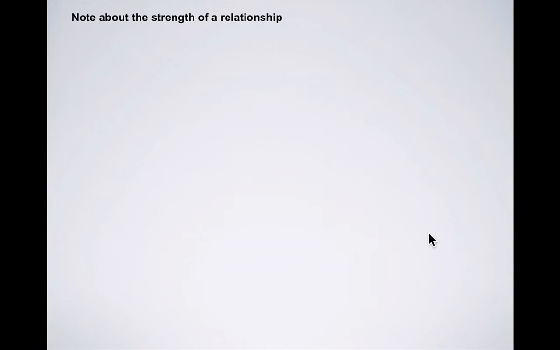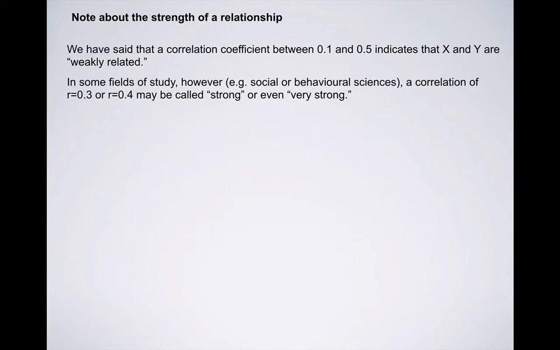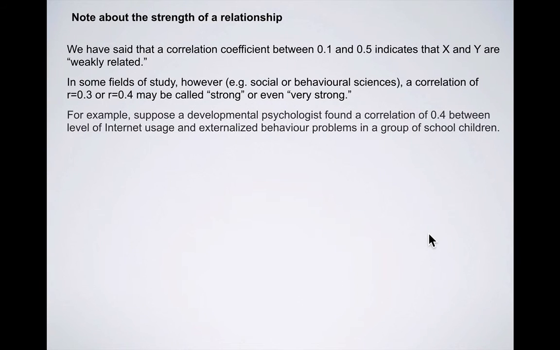Now, note about the relationship. We have said that a correlation coefficient between 0.1 and 0.5 indicates that X and Y are weakly related. However, in some fields, for example, sociology or behavioral sciences or psychology, a correlation coefficient of 0.3 or 0.4 might be called strong or even very strong in those situations.